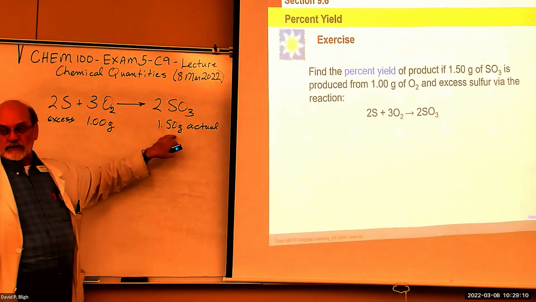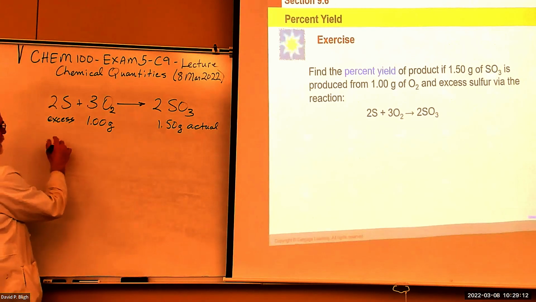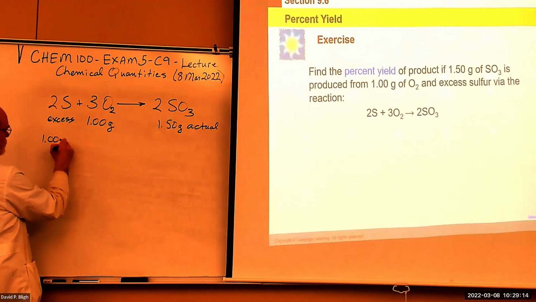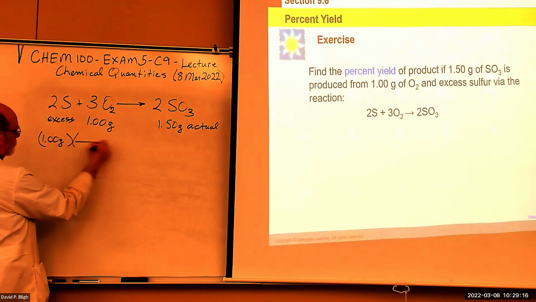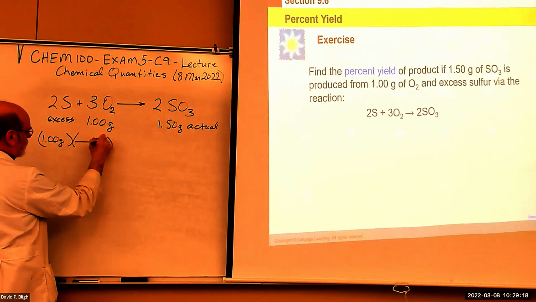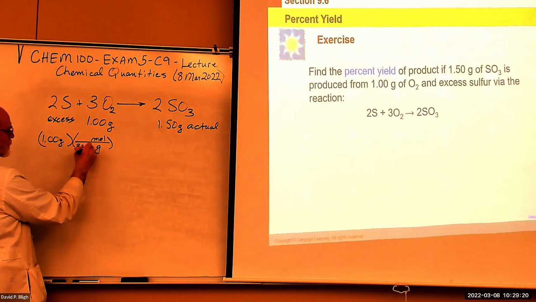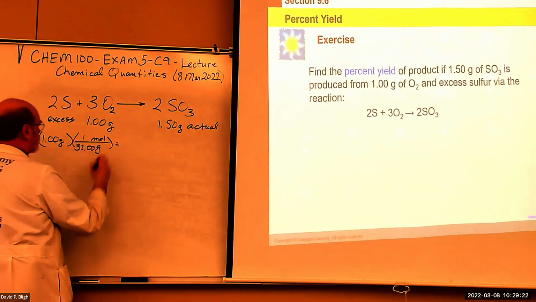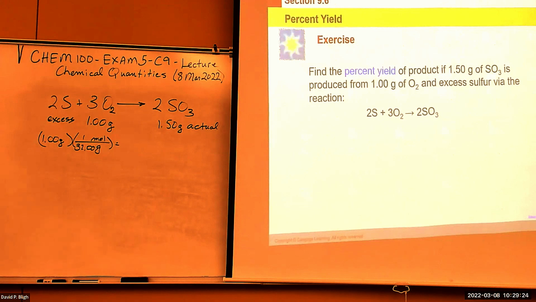We're given the actual. So 1 gram of oxygen, that would be 32 grams per mole. So 1 divided by 32 is 0.03125.